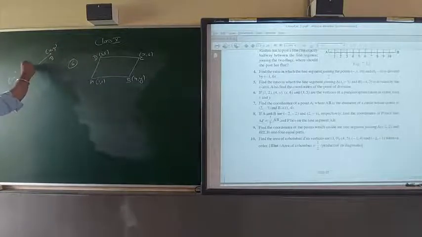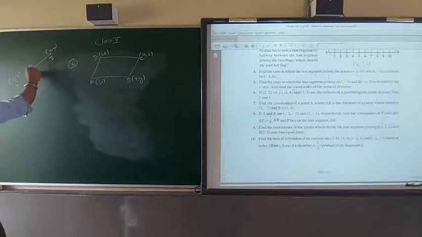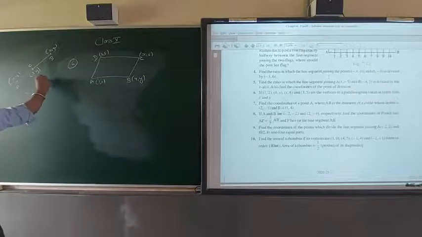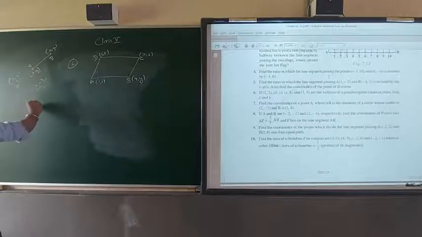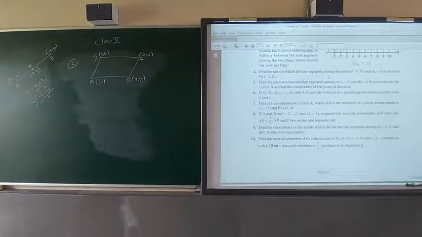Suppose this is the point C, and the question says this is the midpoint. So what is the value of x and y here? The x value is (x1 plus x2) upon 2, and the y value is (y1 plus y2) upon 2. This will be the formula.